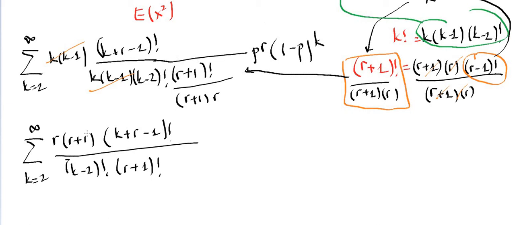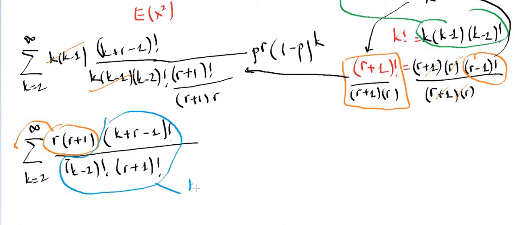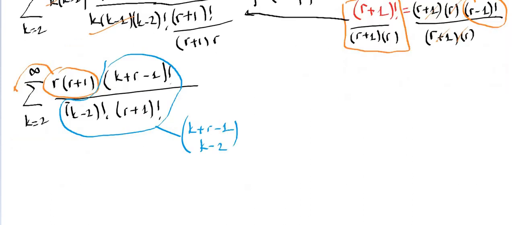So we can pull this to the front of the sigma sign, and this expression here is equal to (k plus r minus 1 choose k minus 2) by the definition of combination.